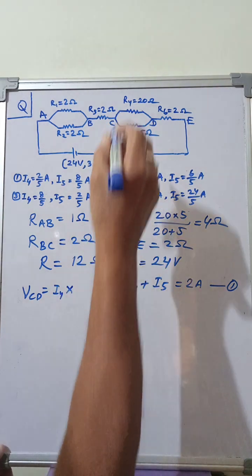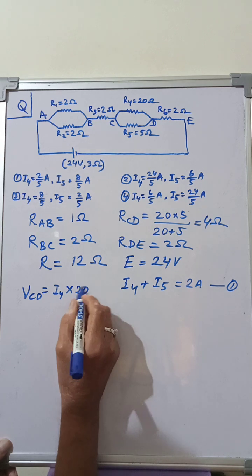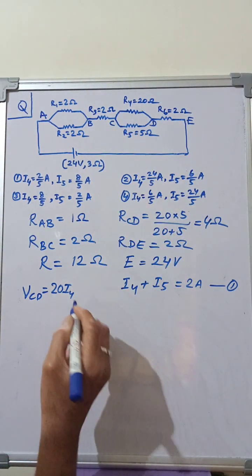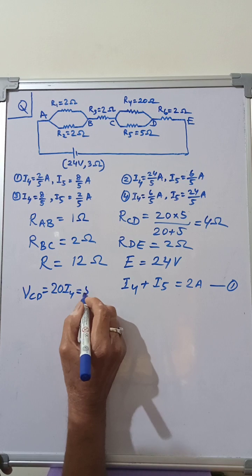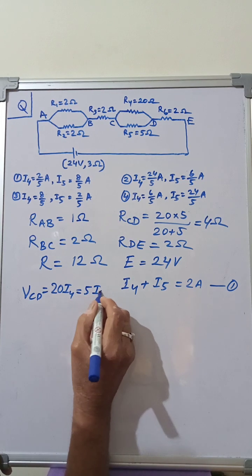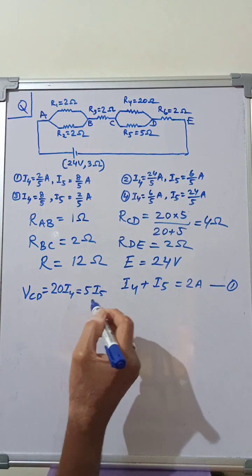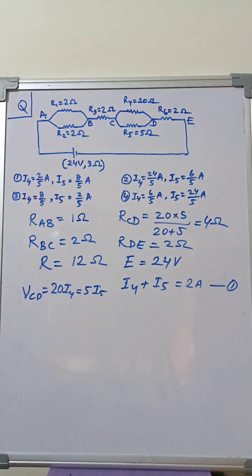R4 is 20, so we can write 20 I4, which will be equal to I5 into R5, and R5 is equal to 5 ohms, therefore 5 into I5.